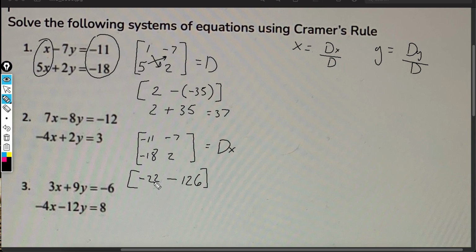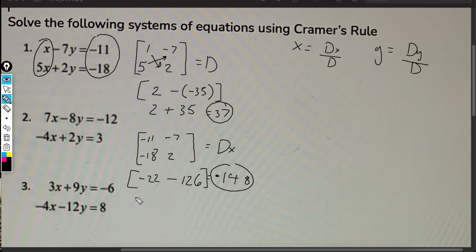So now we have -22 minus -126, which equals -148. That's our d of x. Our d is this. Our d of x is negative this.